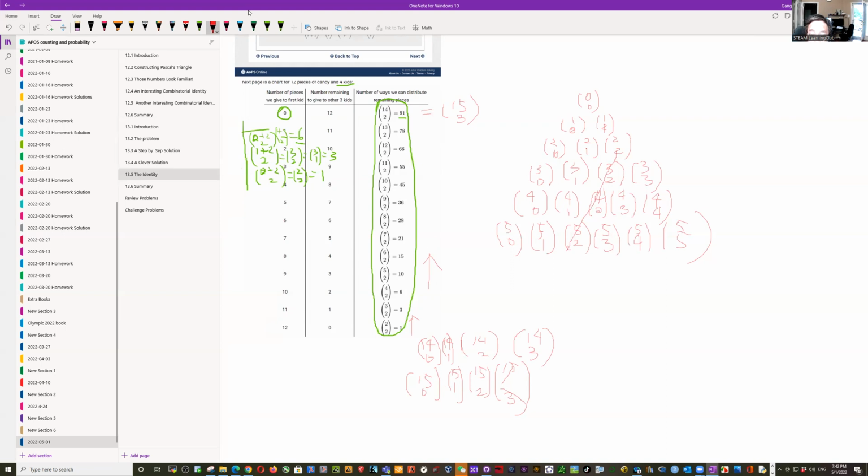So 2 choose 2 plus 3 choose 2. There's no formula for this directly, but it happens that 2 choose 2 is equal to 3 choose 3. So I can replace this number by this number. Then the first two numbers are addable because those are adjacent numbers by Pascal's identity. Those two numbers add up to this number.